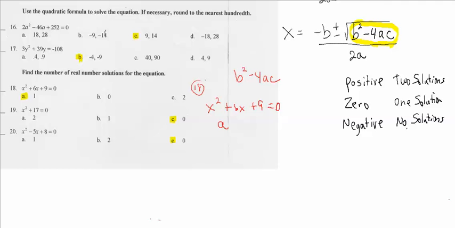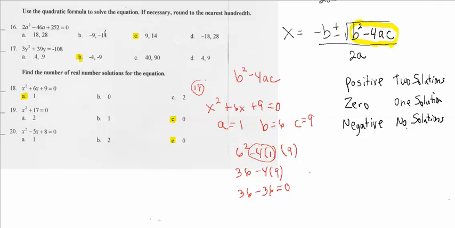So we're identifying our a, which is 1, our b, which is 6, and our c, which is 9. And then we're going to go 6 squared minus 4 times 1 times 9. 6 times 6 is 36. I multiply this together. I get negative 4. Negative 4 times 9 is negative 36. And we get a 0. And if you get a 0 answer, you end up with 1 solution. So that's how we got that.